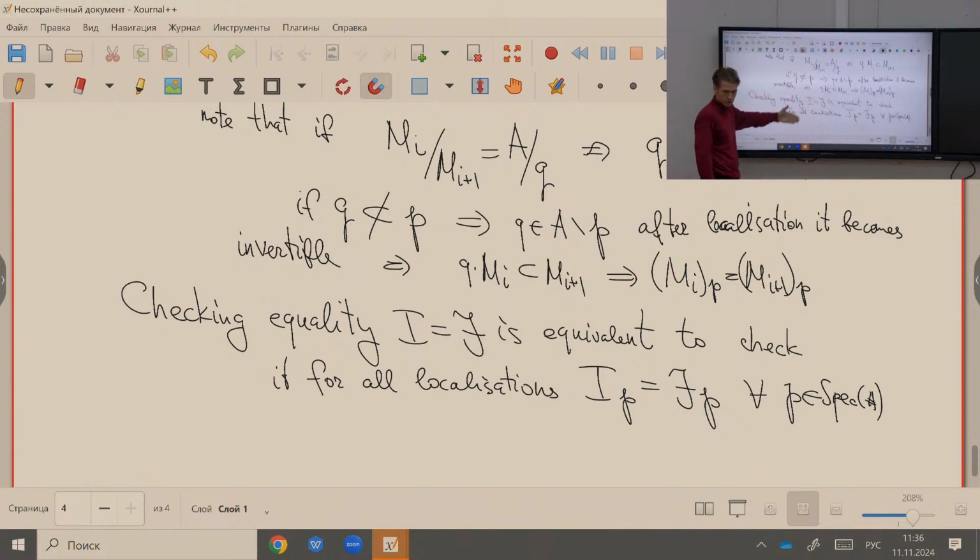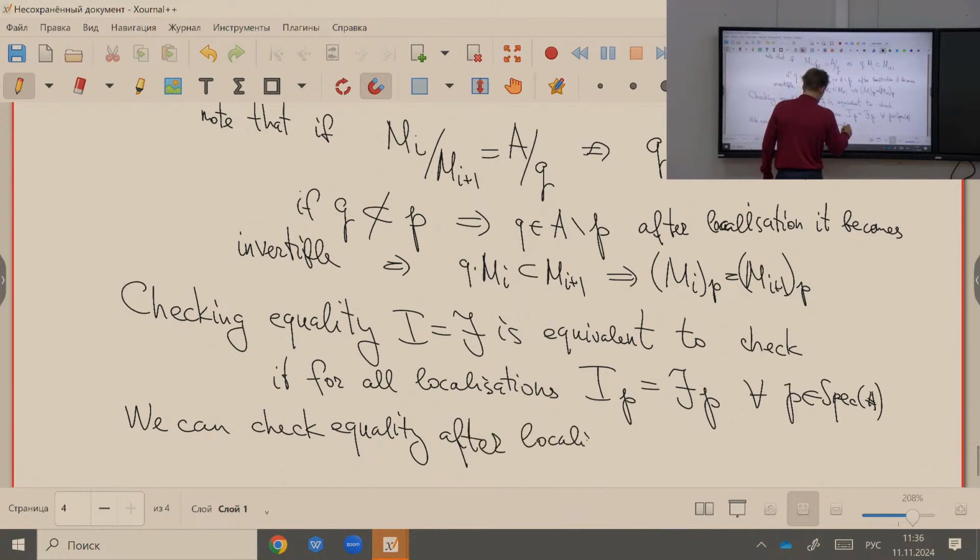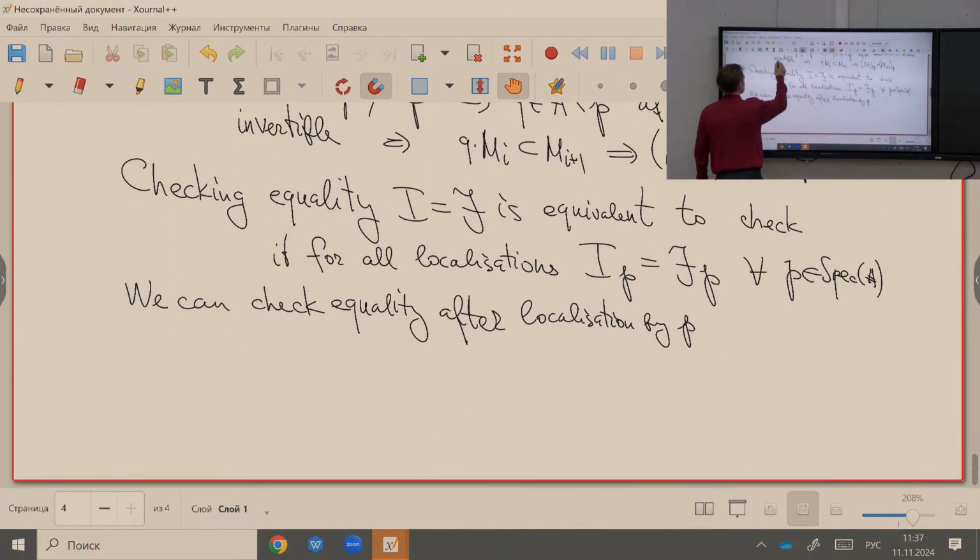Since in order to check the equality of ideals you can localize, and in K-theory it is also consistent with localization, we can just check equality after localization by P. And here the situation is the best possible.